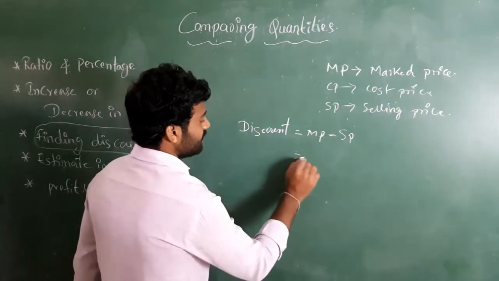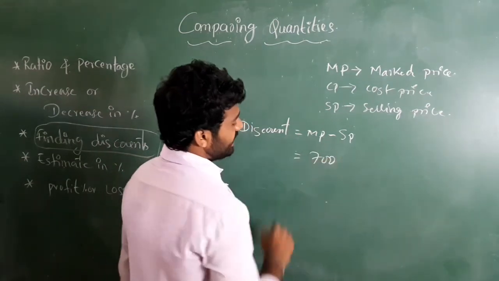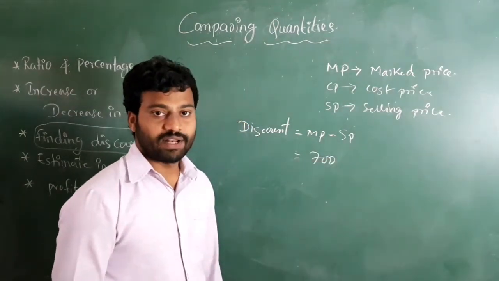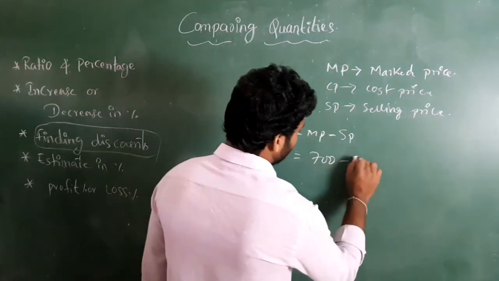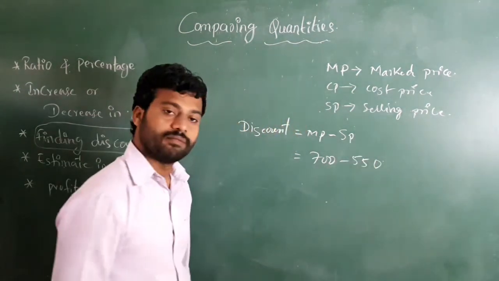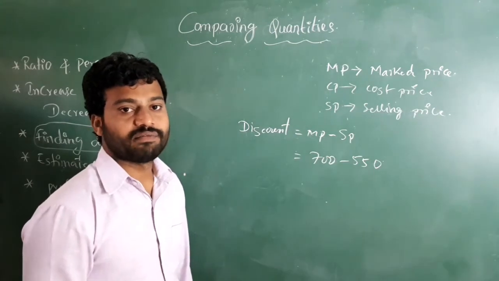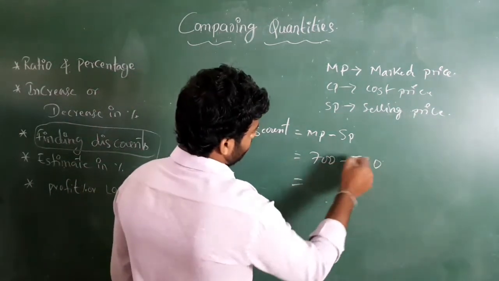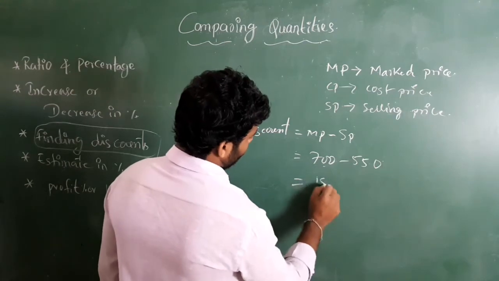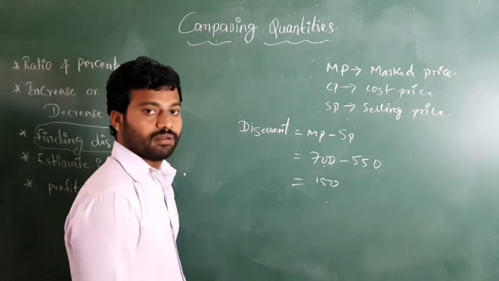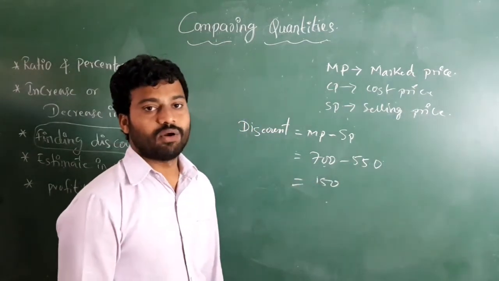Suppose the market price of one product is 700, but I will sell it for 550. So then what? 150 rupees is the discount.